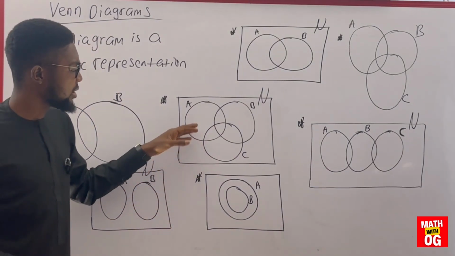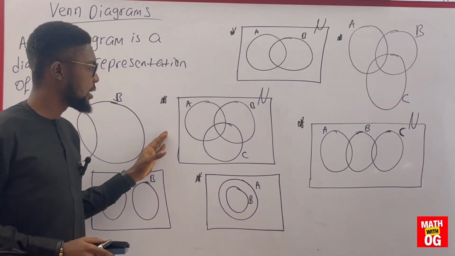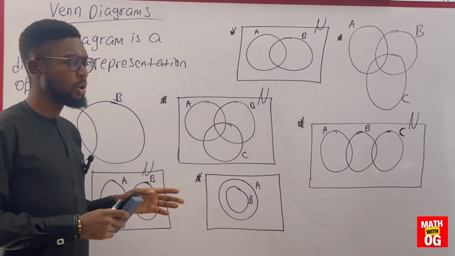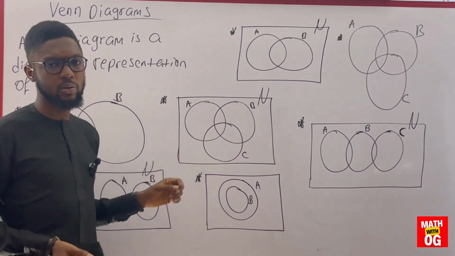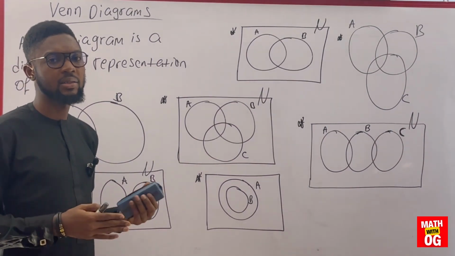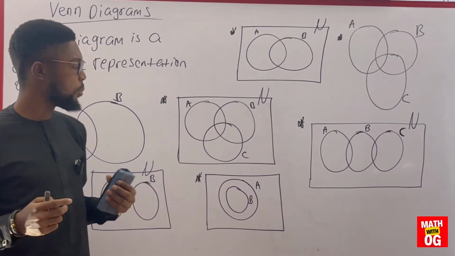Now what we have here is a three subset Venn diagram. You should note that at this level, we teach the three subset Venn diagram. We don't see this, but you can also have a four subset. You can also have a five subset as the case may be, though as the number of subsets increases, the diagram becomes more complex.